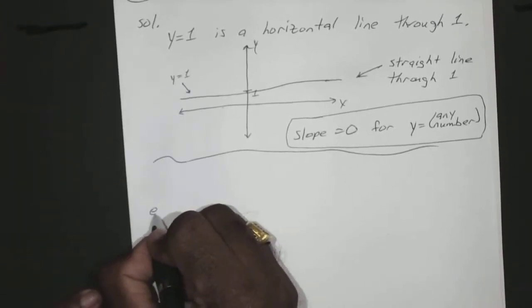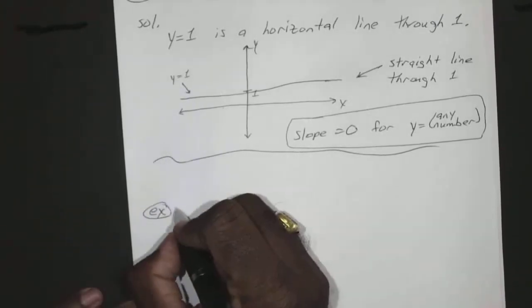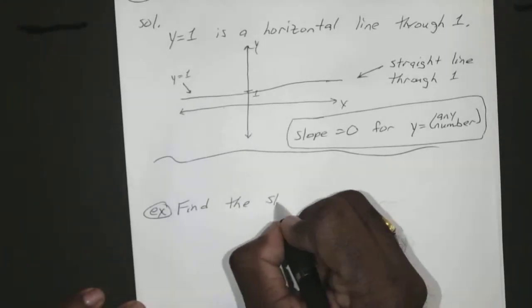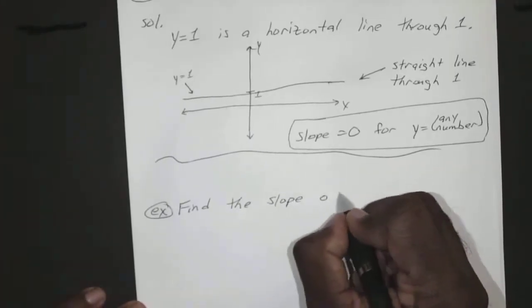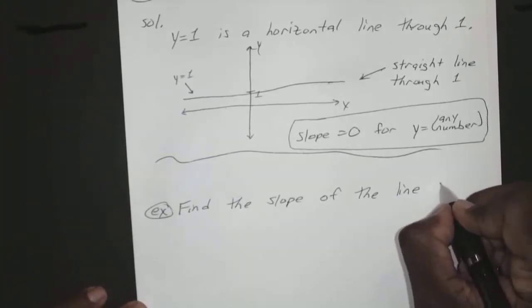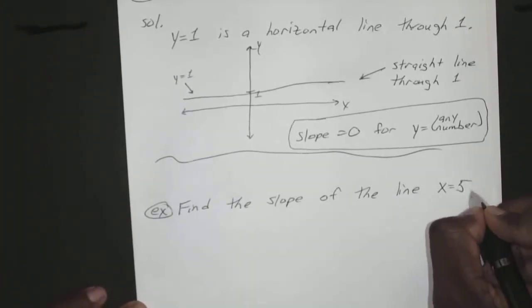Okay, so let's say, for example, we wanted to find the slope of the line x equals 5.